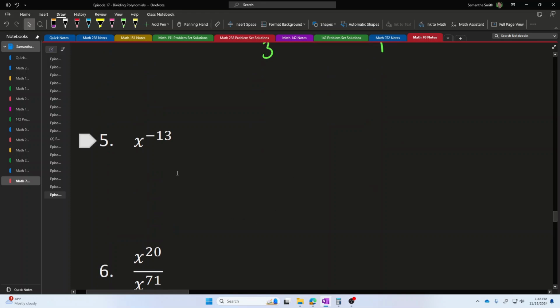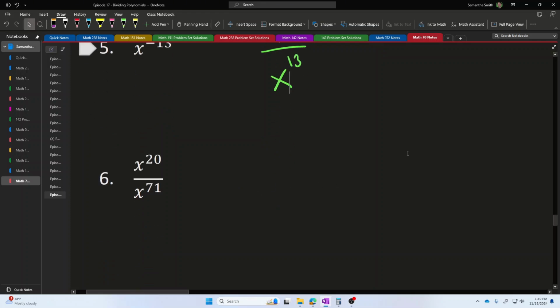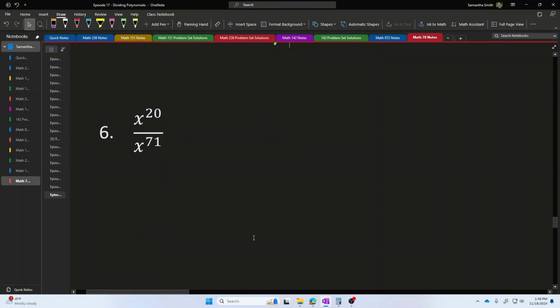Someone says, what about x to the power negative 13? x to a negative power is the same thing as the reciprocal of x to a positive power, 1 over x to the power 13. And someone says, simplify x to the 20th over x to the 71.